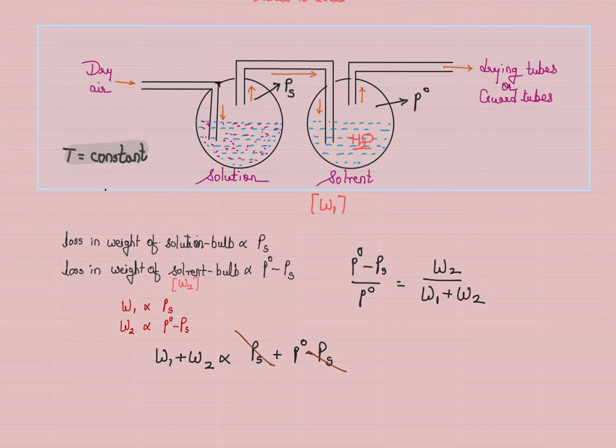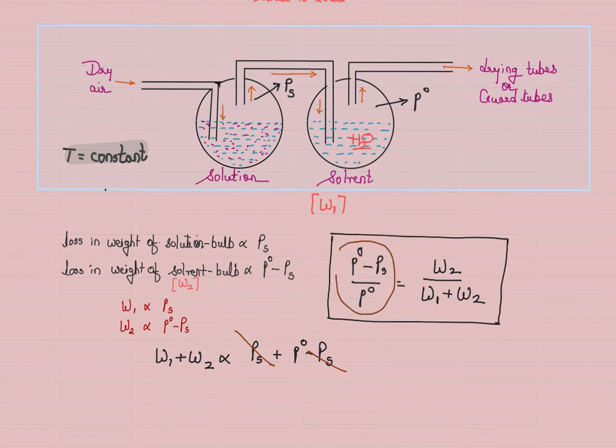So now it is very simple to understand that this is what we have. This is our equation, and you know that this here is nothing but your relative lowering of vapor pressure.